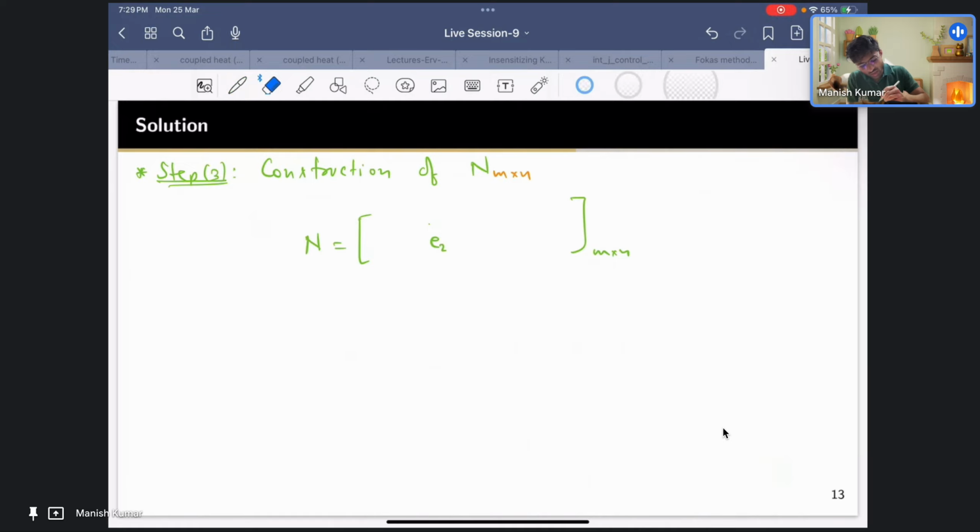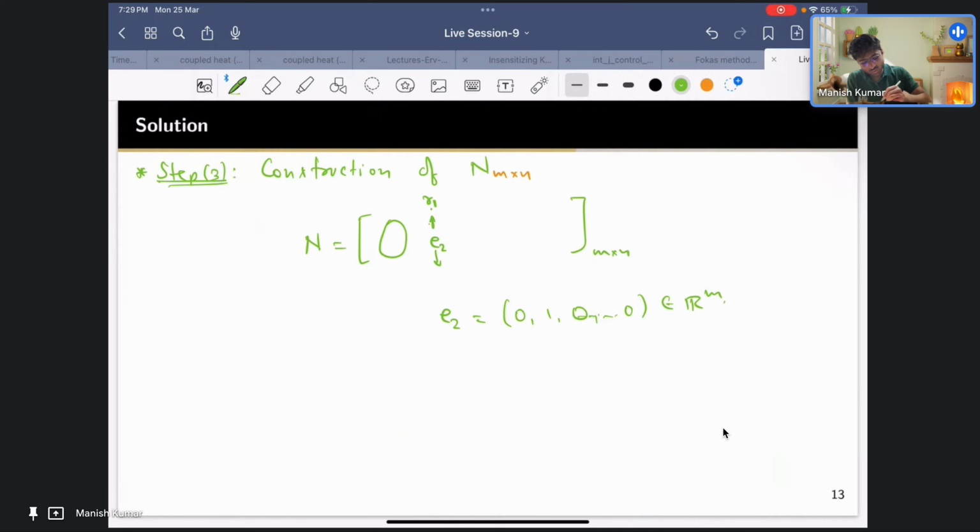So at the R1th column you put E2. E2 means 0, 1, 0, and so on, which is a vector in R^M, and the rest is 0.